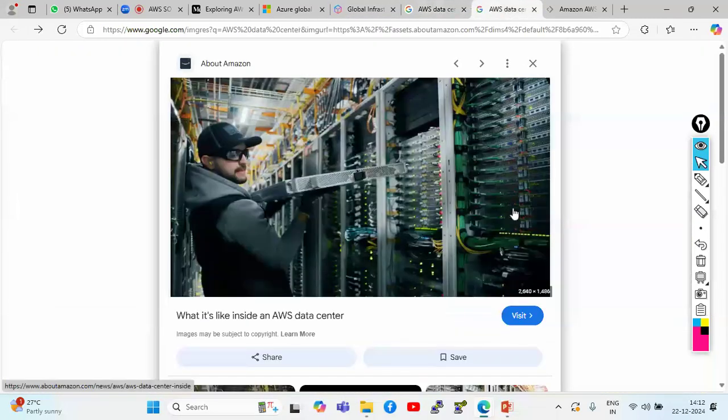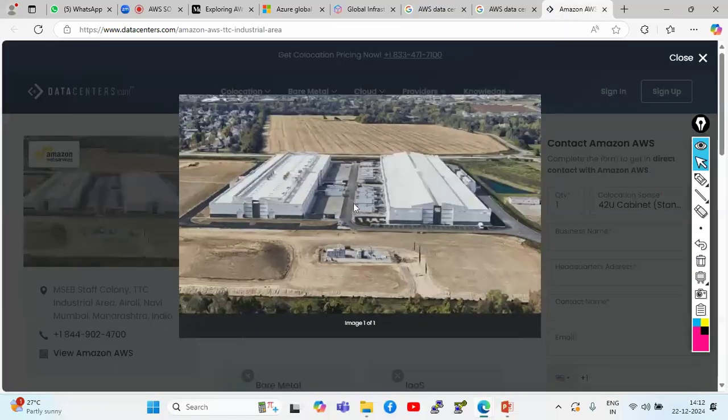This is an Amazon data center in Los Angeles. It is a very big building with racks. In the racks, you have servers and network devices. This is one part of the data center in Los Angeles.